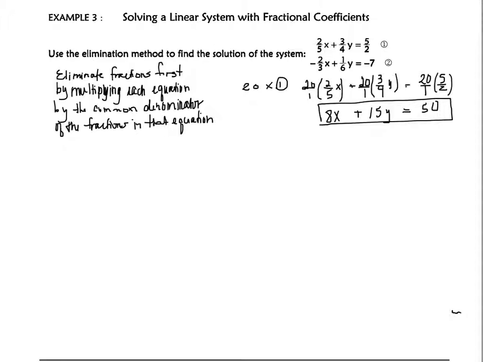And then the common denominator for the second equation would be 6. So we're going to multiply the second equation by 6. So it's going to be 6 times -2/3 x plus 6 times a 6th y.